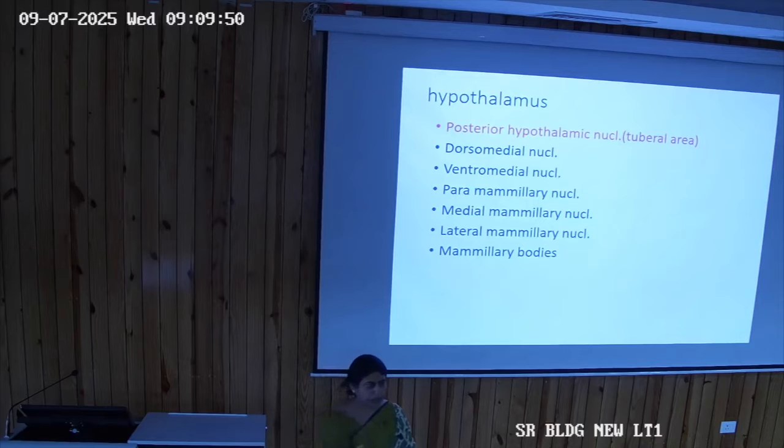What is the most important function, the one that can be written first? The first important function of hypothalamus is maintenance of internal environment, and the top priority is temperature regulation.